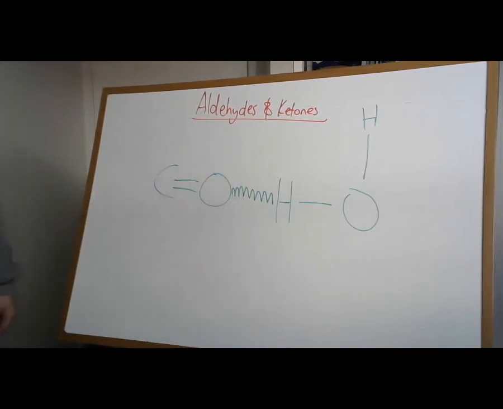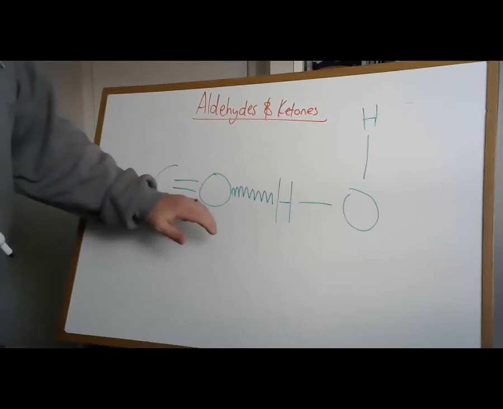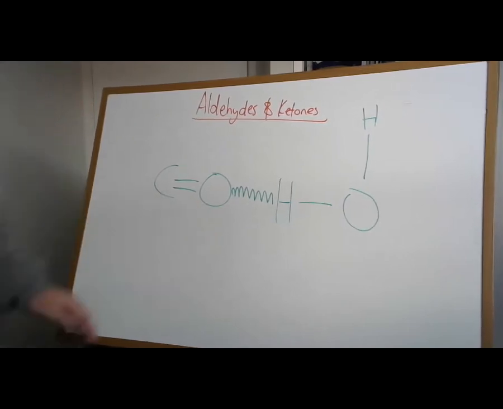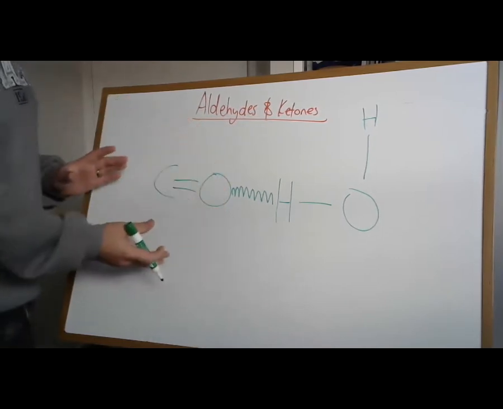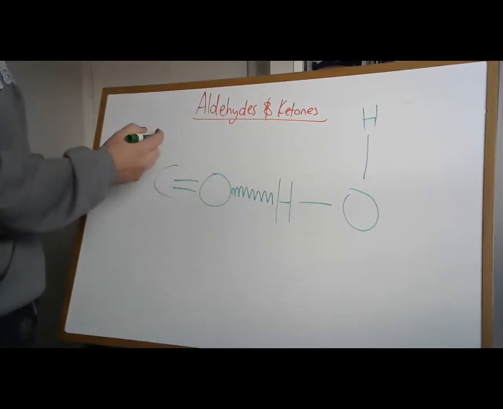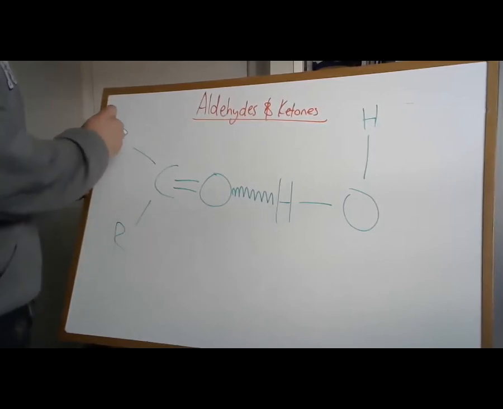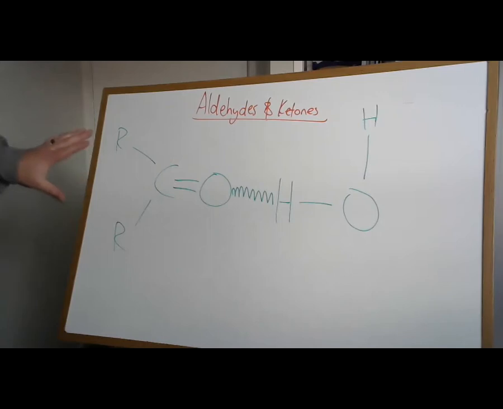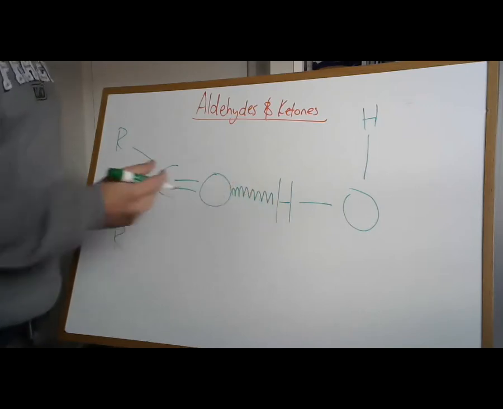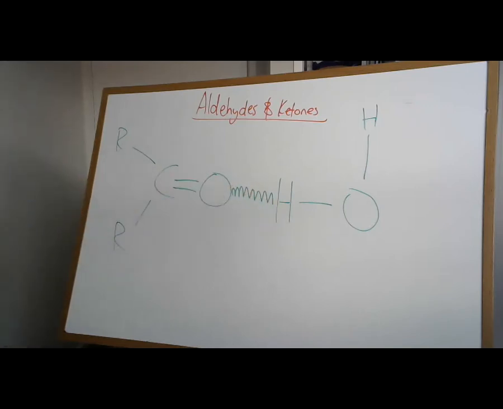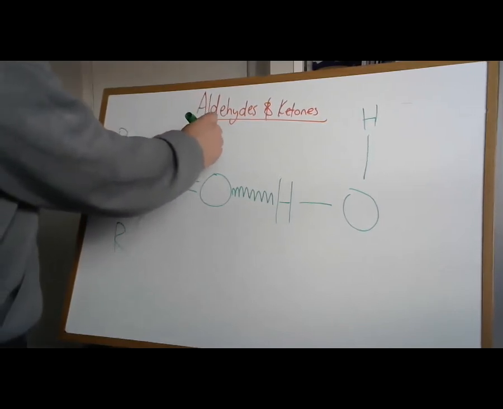Remember, when we see hydrogen bound to oxygen, nitrogen, or fluorine, we get hydrogen bonding. So even though aldehydes and ketones don't produce their own hydrogen bonds, they can produce them with the spare hydrogen on water, which makes them soluble in water. So very soluble in water.